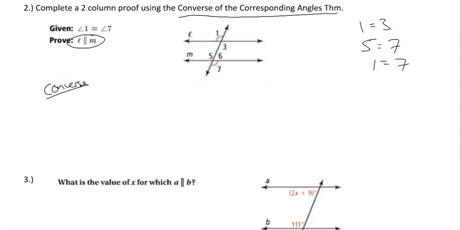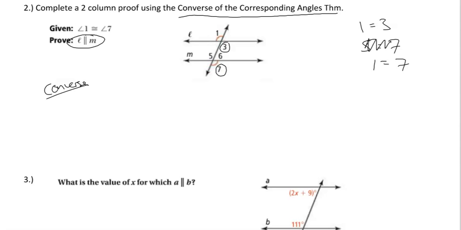So how am I going to somehow use the corresponding angles theorem? Is there any way to show that 3 is congruent to 7? If there is, then I can finish with the converse, the corresponding angles theorem. Let's see if there's any way to make 3 connect to 7.